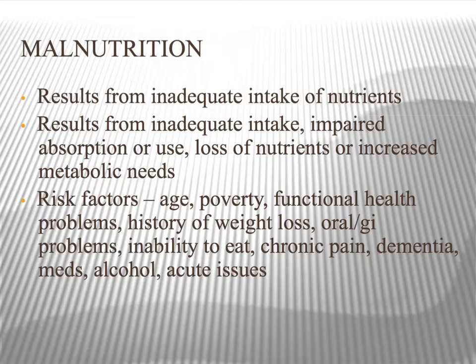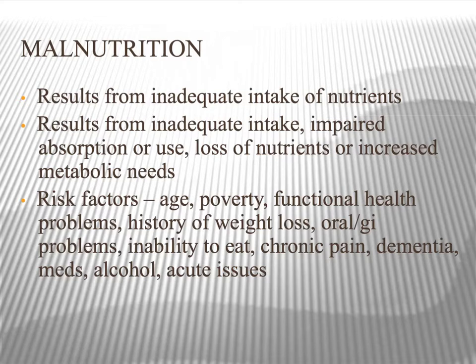So people often, and you guys have seen this, end up malnourished secondary to a disease, and maybe they have inadequate nutrition because of a loss of nutrients or increased metabolic needs. Excellent example, we just talked about hyperthyroidism. And so that's kind of where malnutrition comes from. There is no single cause.